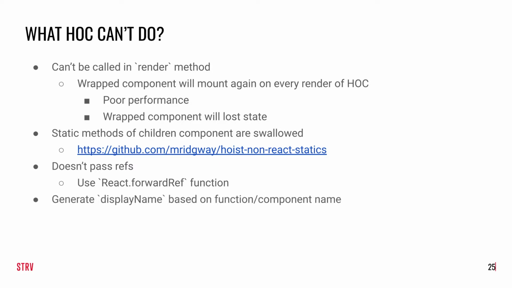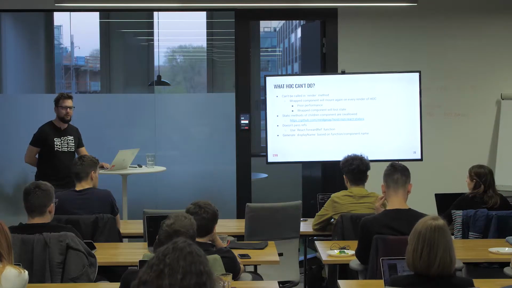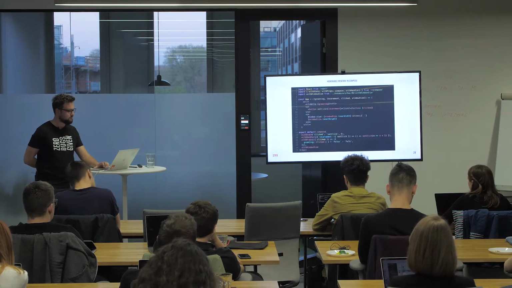And you need to generate a display name or write it by yourself. This is something that React does for your components by default, so that when you open your code in React DevTools, it has those nice names you are using for the variables.